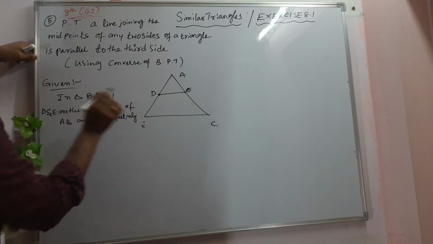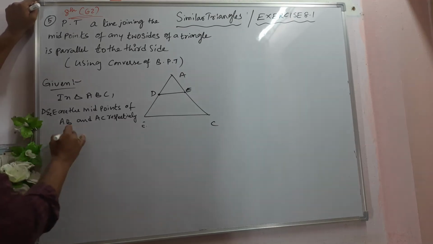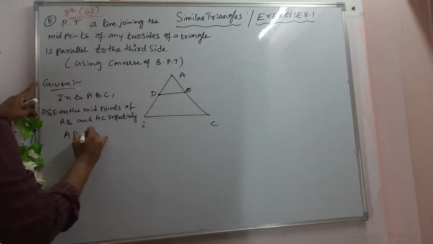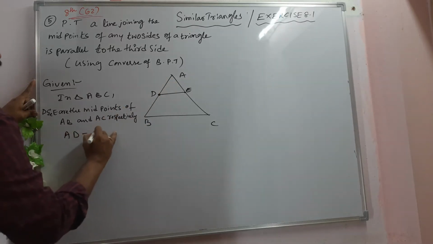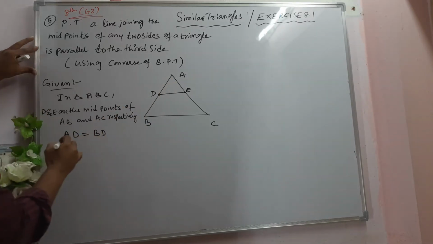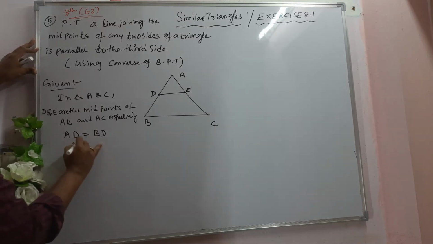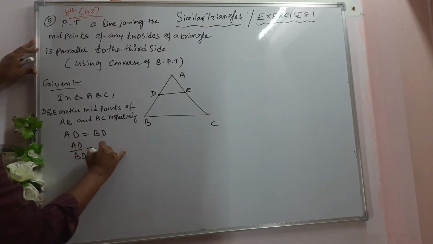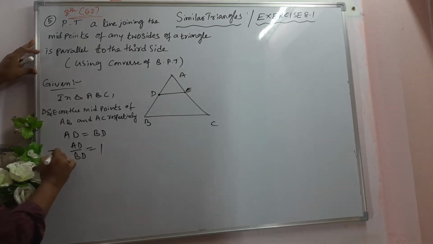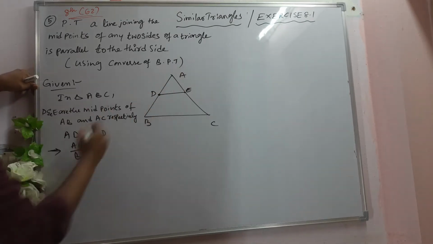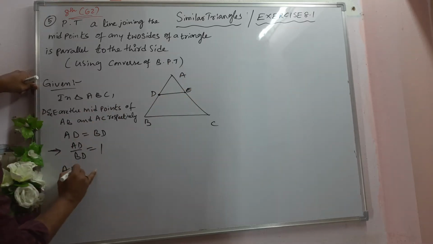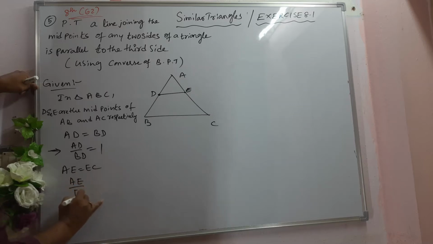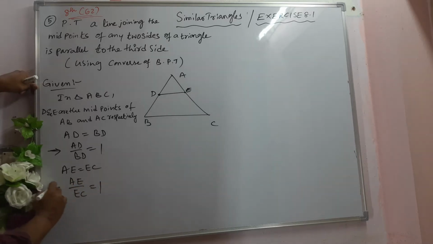That means AD is equal to BD. That means AD by BD is equal to what? 1. Okay, here E is the midpoint of AC means AE is equal to EC. That means AE by EC is also equal to 1.